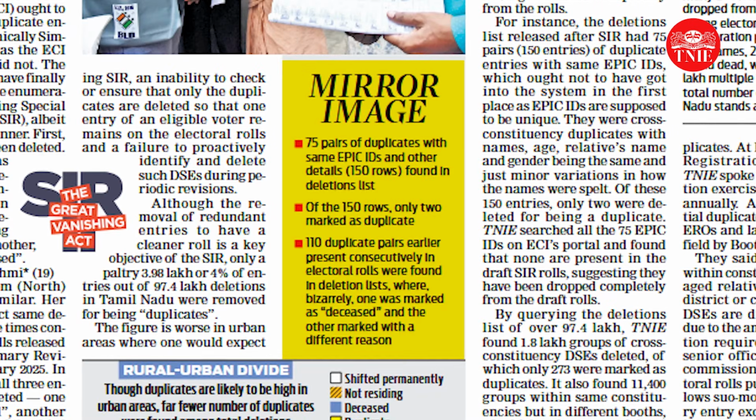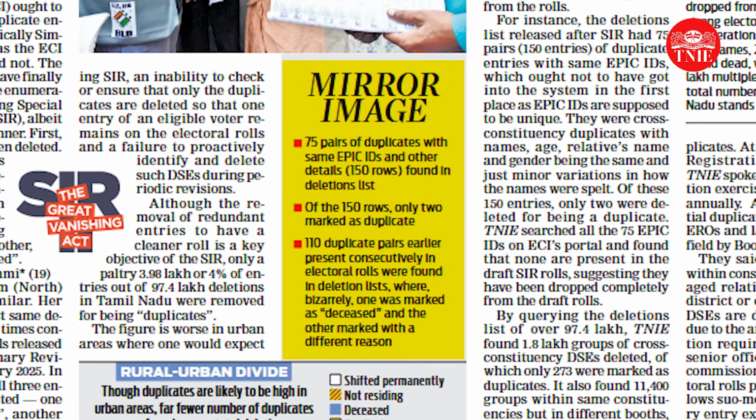Now here, a couple of problematic patterns that we noticed. Number one, which should not have been there in the system, is the presence of people with same EPIC IDs in the deletion lists. EPIC IDs are unique identifiers.